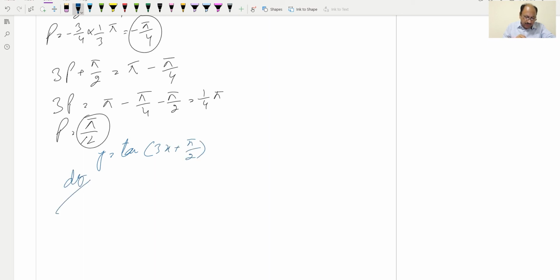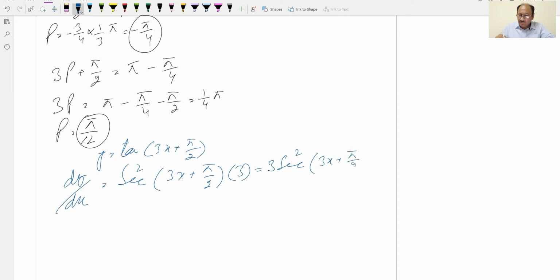So dy by dx will be equal to the derivative of tan x, which is secant square x. So we can write secant square of 3x plus pi by 2, and into the derivative of this inner portion, which is 3. This will be equal to 3 secant square of 3x plus pi by 2.